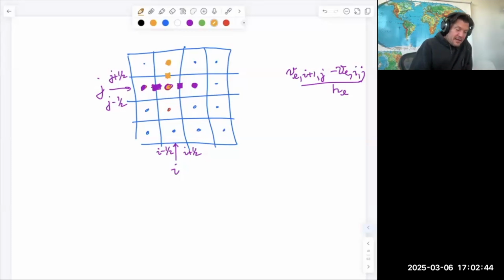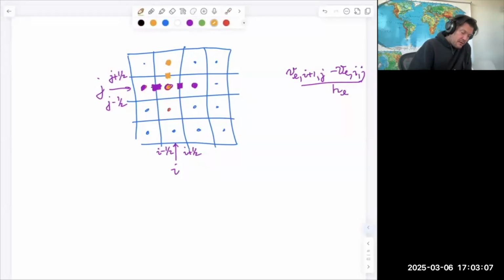What are the coordinates of that edge point? Its x coordinate is just I, and its y coordinate is going to be j plus a half. So this is the point i, j plus a half. What about this point down here?